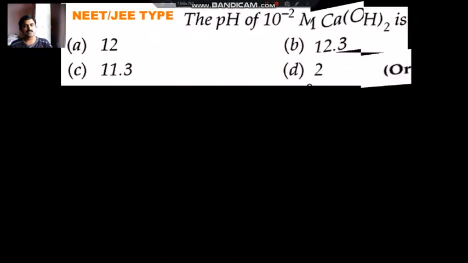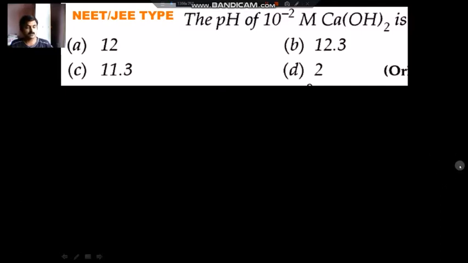Let us move to the next one. NEET JEE type of question: the pH of 10 power minus 2 molar calcium hydroxide is. Here they are giving OH minus ion information and asking us to find the pH, that is negative logarithm of H plus ion concentration.